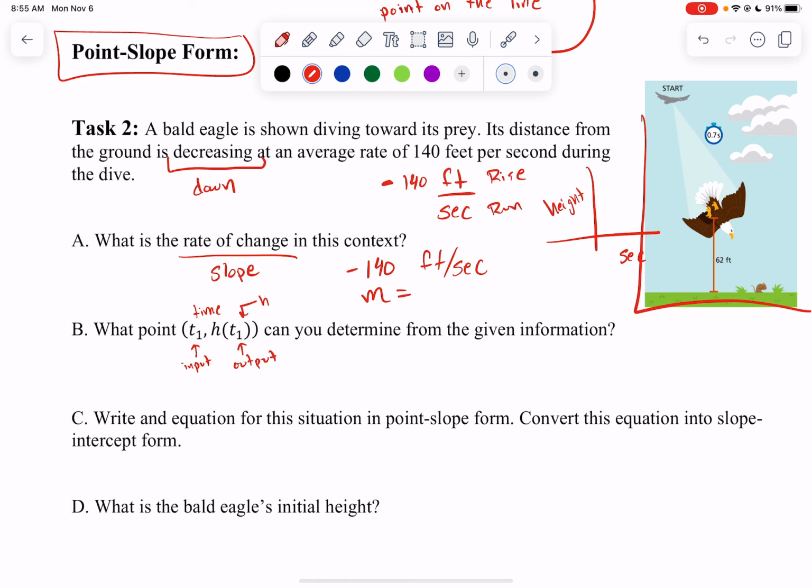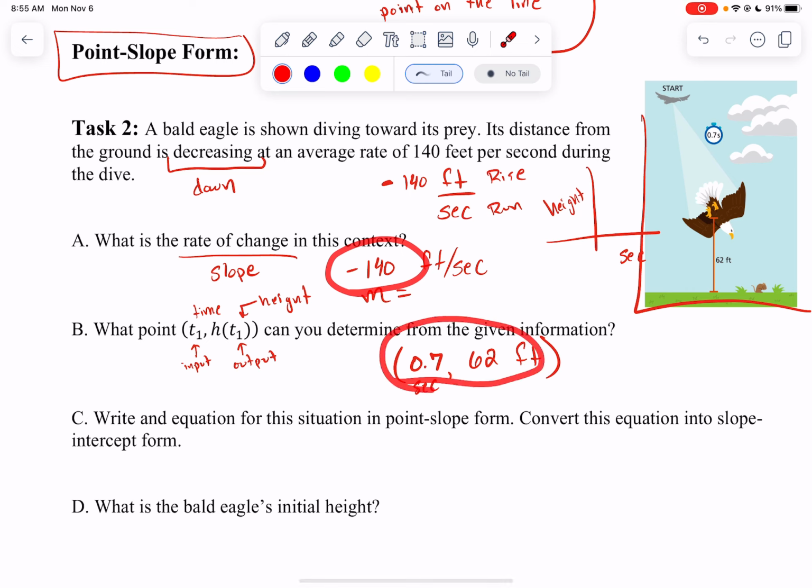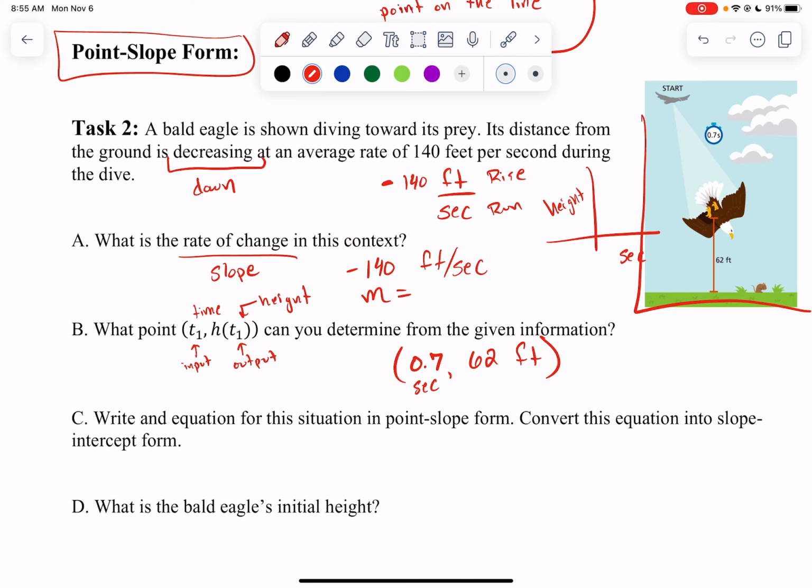The output is height. I know at 0.7 seconds, my height is 62 feet. Let's put units on that. So I have a point, 0.7 and 62. Since I know the slope and a point, I can write an equation in point slope form.